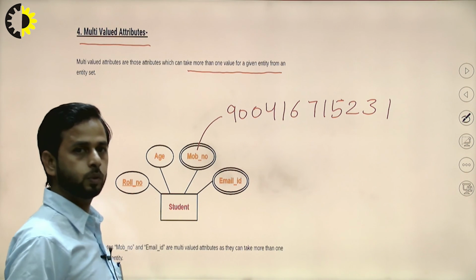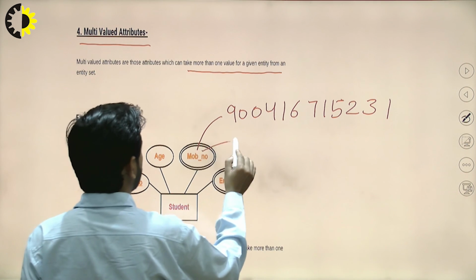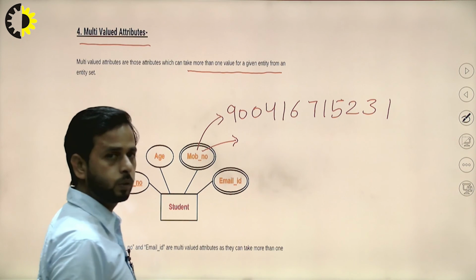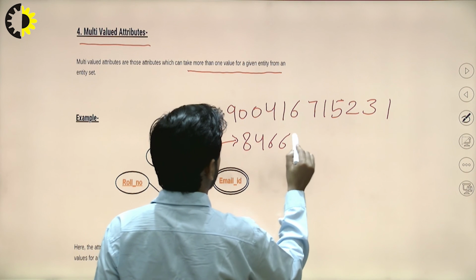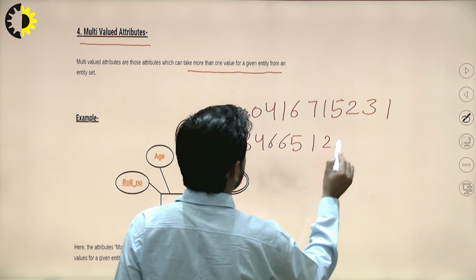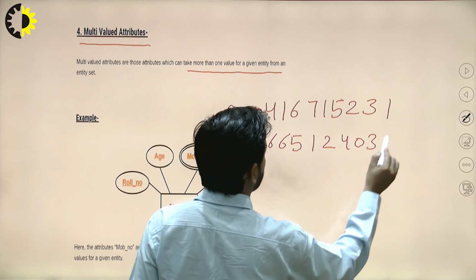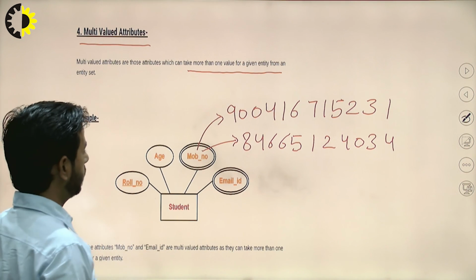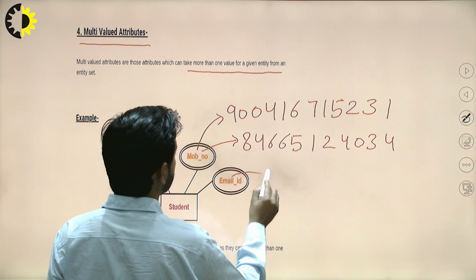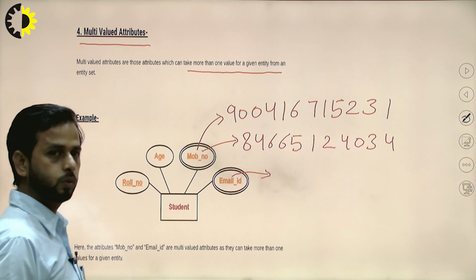So this is one mobile number. A person can have two mobile numbers, two SIM cards. So suppose 84665124034 is another mobile number. Similarly, email ID, a person can have two email IDs.